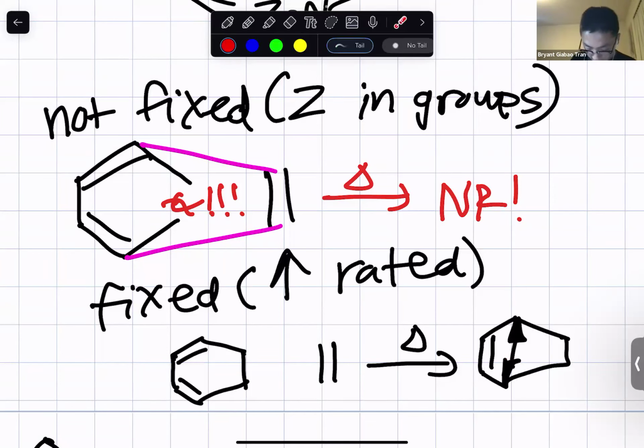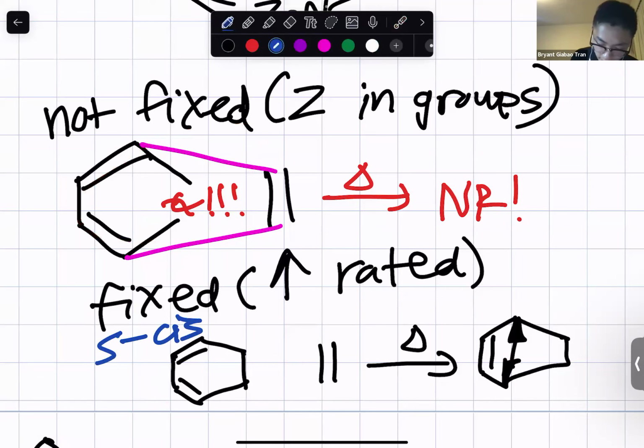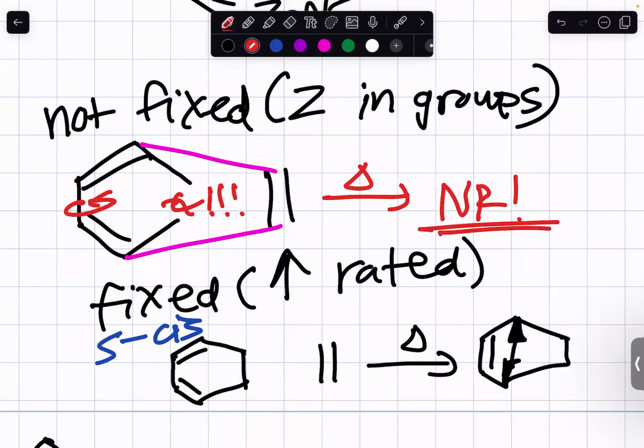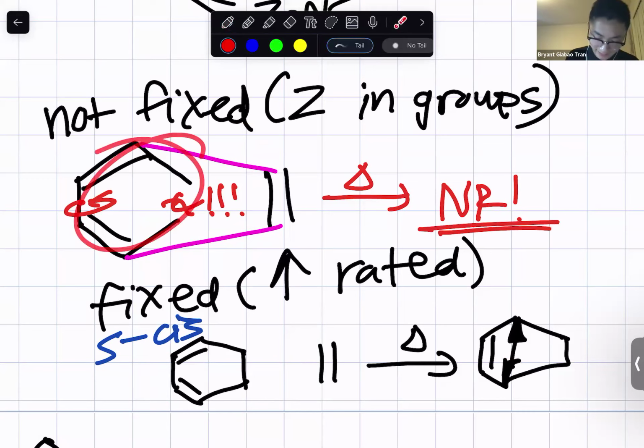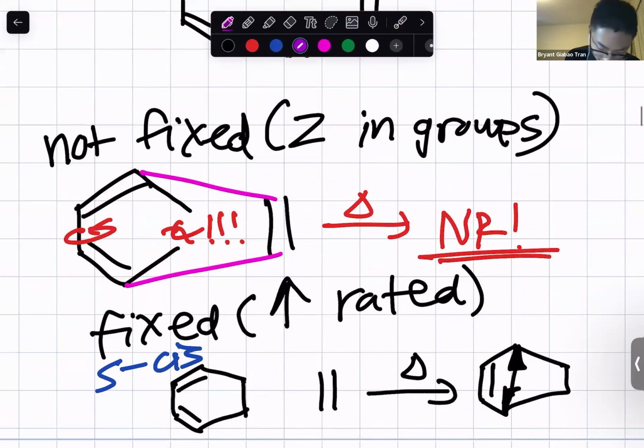And this is because this is locked and fixed into the s-cis configuration. This is not locked. This can actually rotate back to the s-trans, which causes a lot of steric hindrance and doesn't allow for overlap between the HOMO of the diene and the LUMO of the dienophile. So no reaction. It's only relative to the diene. Yeah, only relative to the diene. Got it. Diene, yes.